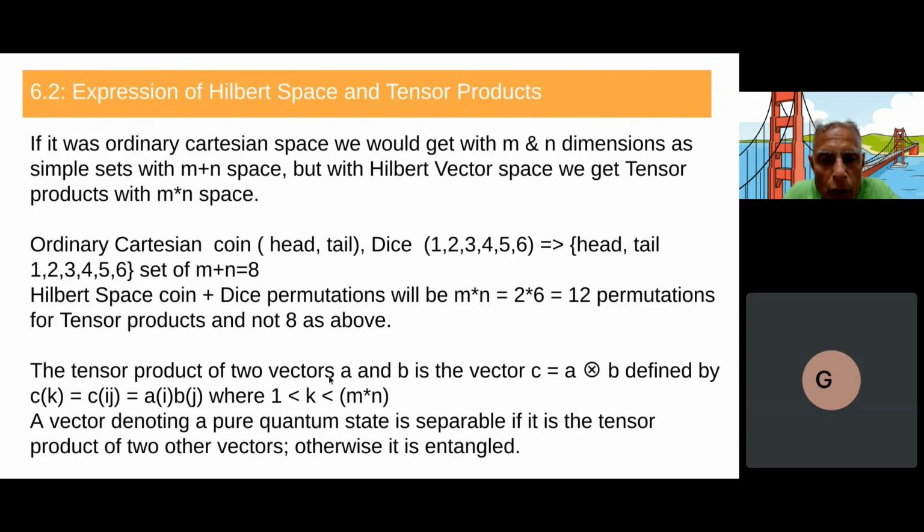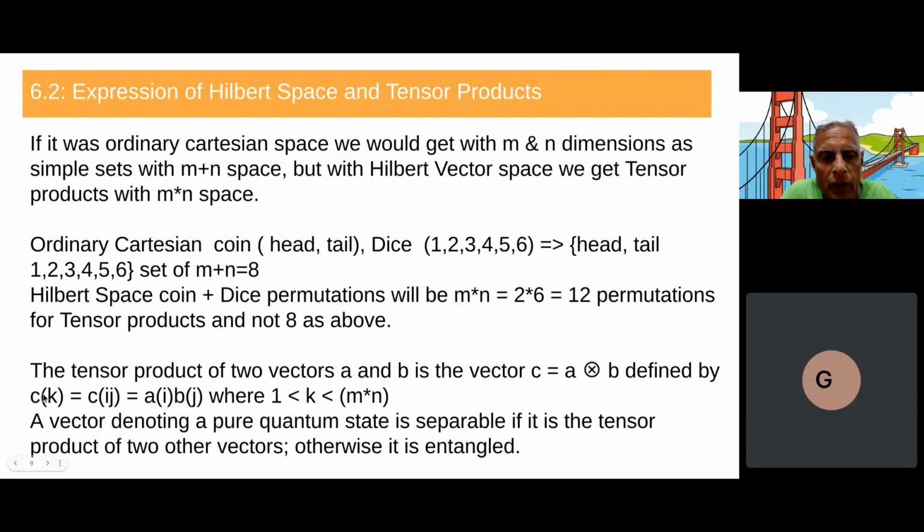So the tensor product of two vectors, let's say you have two vectors A and B, is represented by A X circle B, which is nothing but the tensor product of A and B. If we have a tensor product of A and B, and there is a term C, the tensor product of A and B is defined as C_k.